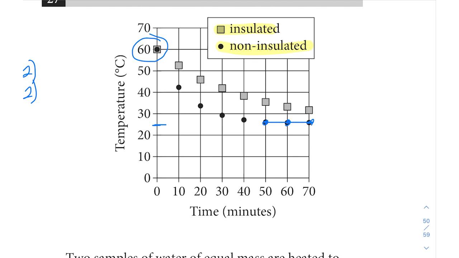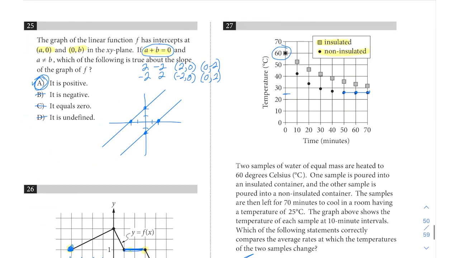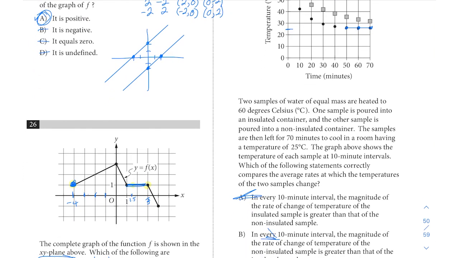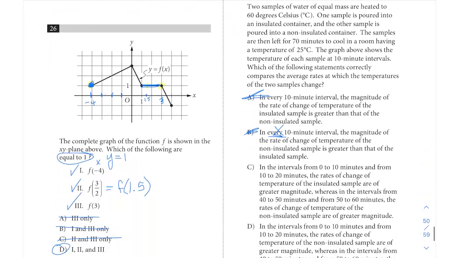These last few points for the non-insulated, there's no change at all, while for the last few insulated ones, because it's not yet all the way down to room temperature, that's still changing. That's still decreasing. So we can't say that the non-insulated has a faster decrease or a greater magnitude of change than insulated for every 10-minute interval. For some of them, but not for every 10-minute interval.